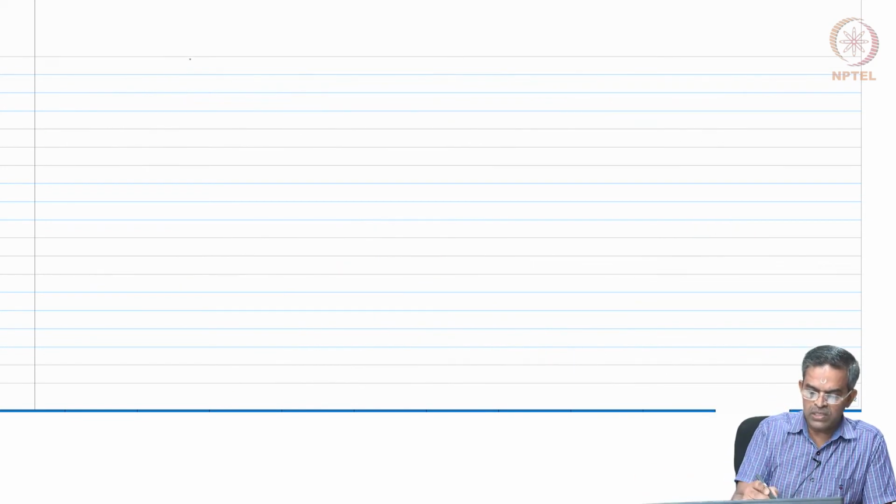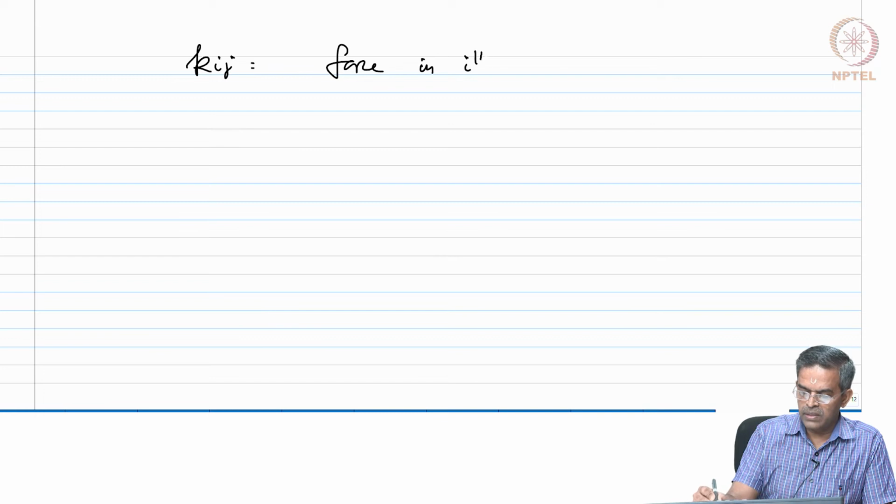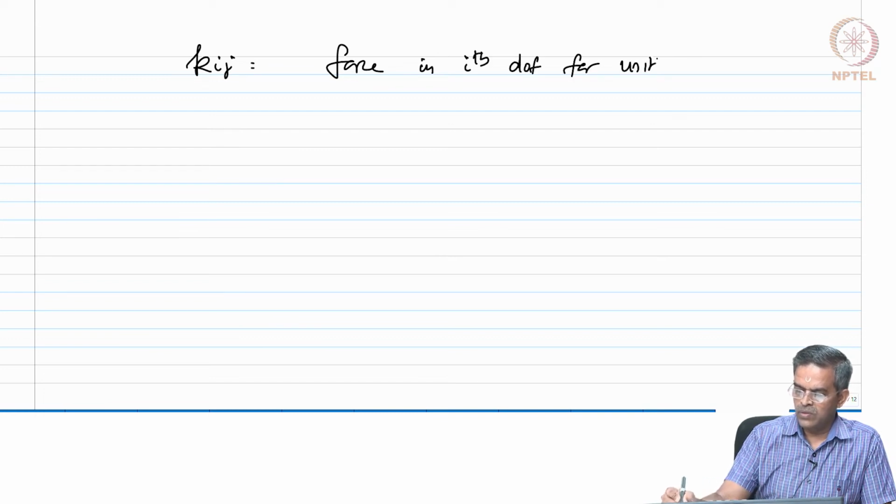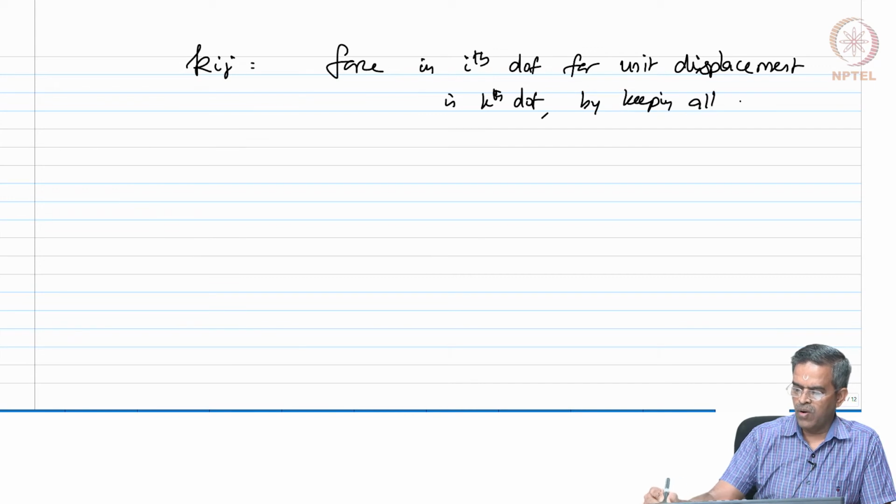Let us define what is stiffness first. Kij is force in ith degree for unit displacement in the kth degree by keeping all other degrees of freedom restrained.